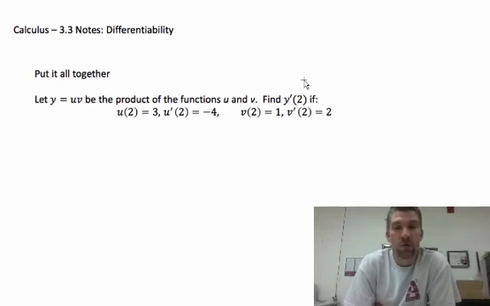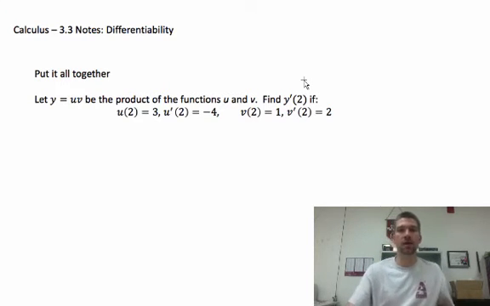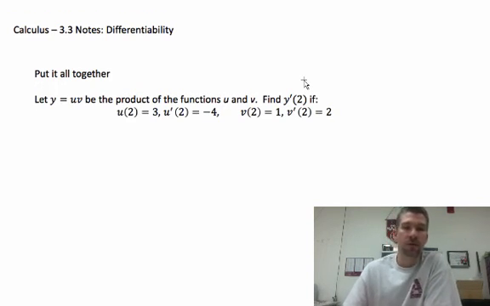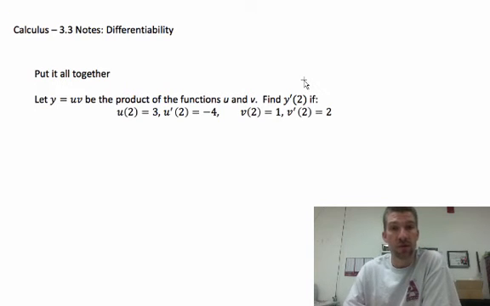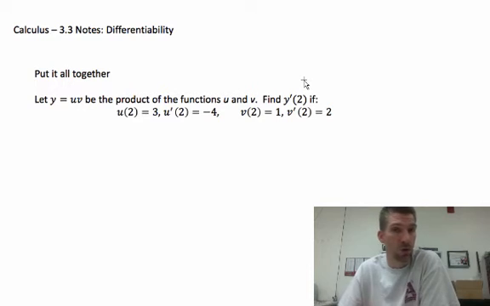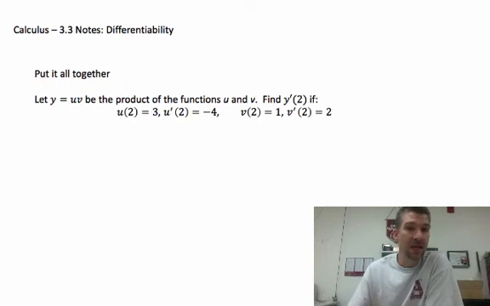All right, we've looked at all these different rules. Here's a couple of theory type of questions using these rules and trying to figure out exactly what their style is, how they work, can I recognize some patterns? So they're telling us that we've got two functions, u times v, and they tell us to find y prime of 2 if, and then they give us these rules.